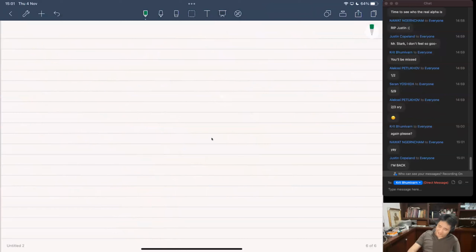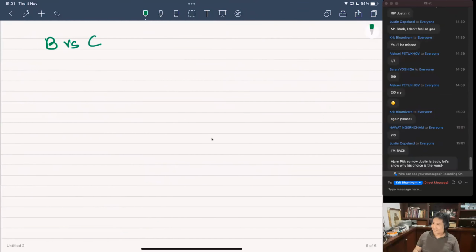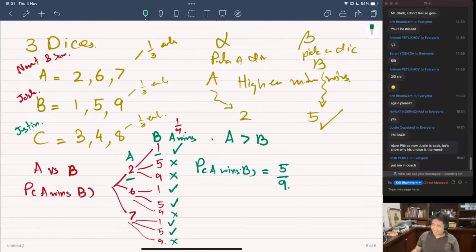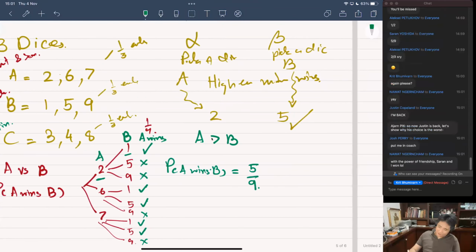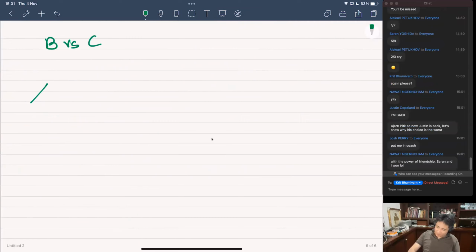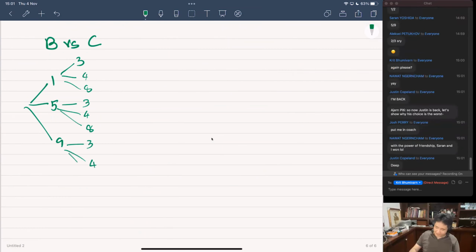So let's do B versus C, exactly the same exercise. B is 1, 5, and 9, and C is what? 3, 4, and 8.